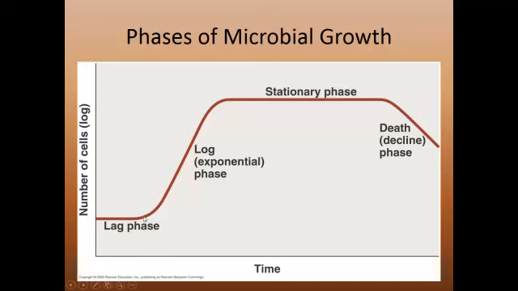It may be that they were in a stressed condition, low nutrients, other stressors like high temperature. It takes time for them to recover from being in a low metabolic state to turning on genes to produce more enzymes, etc. So that's the lag phase. The log phase, or the exponential phase, is where they are growing just as fast as they possibly can.